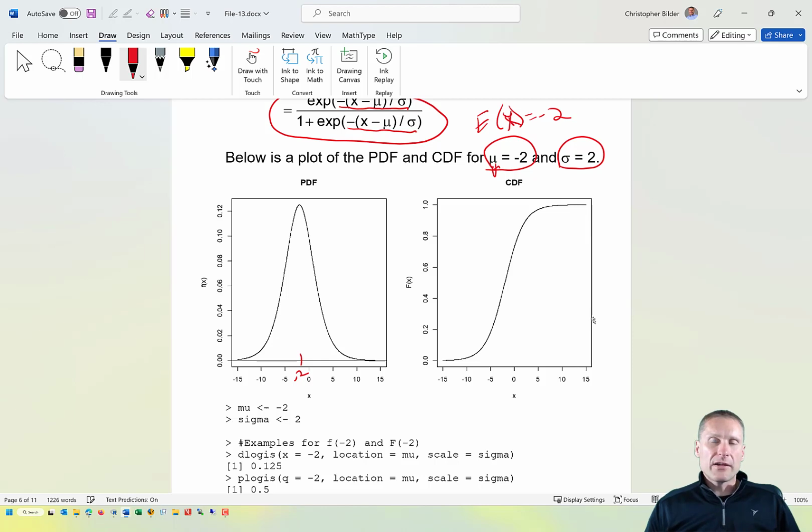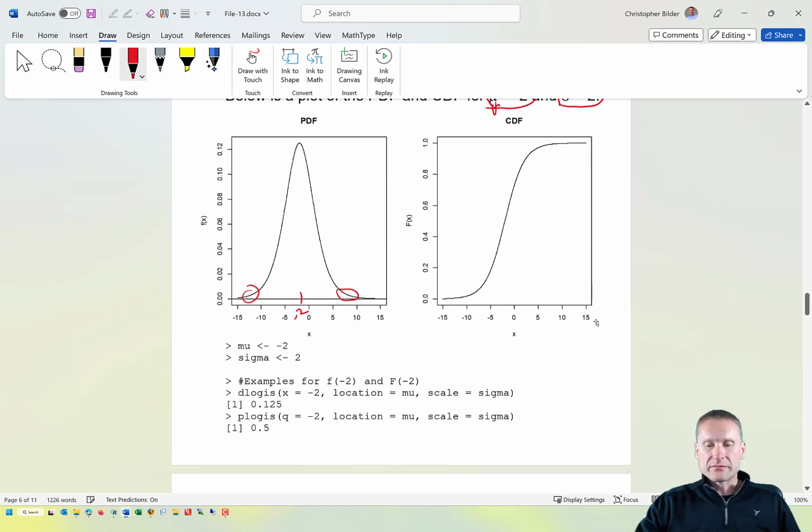Now, what differentiates the normal distribution from the logistic distribution is that the logistic distribution is often referred to as having fatter tails, meaning that there's more probability out on the outskirts in comparison to a comparable normal distribution. This is similar to what you would have seen, for example, with a t-distribution in terms of the differences between a t and a standard normal distribution.